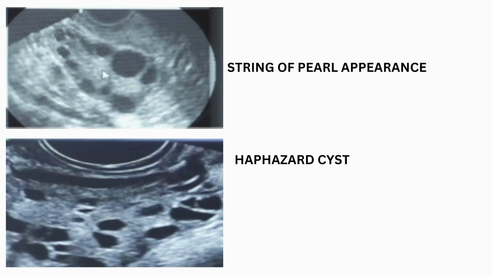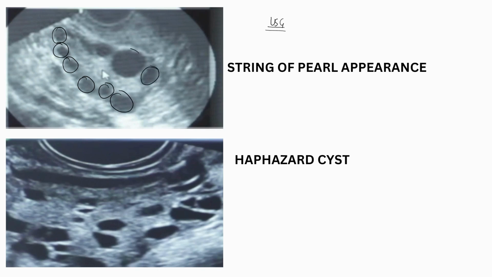So let's start with easy. Okay, so what will be the first investigation which a doctor will suggest? That will be ultrasound, and you will see cyst, multiple cyst. What is cyst actually? It's a fluid collection, bag with lot of fluid.